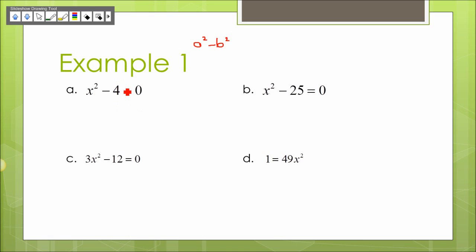Now you can see that minus 4 can also be written as, well, if we write it out again, x squared minus 2 squared. It's a square number and that still equals 0.